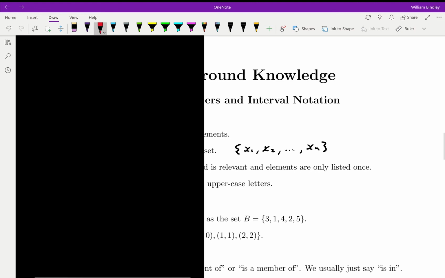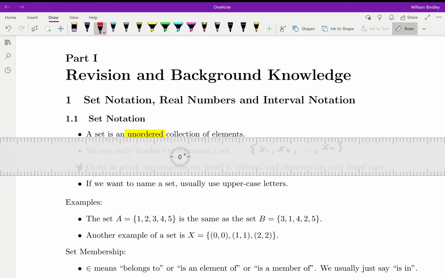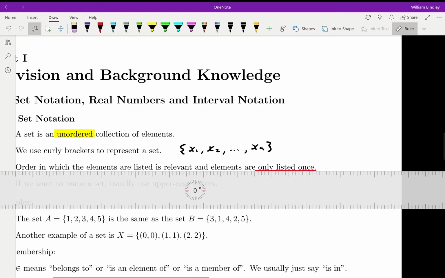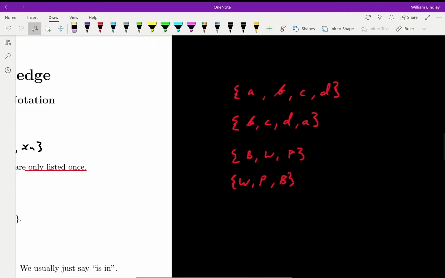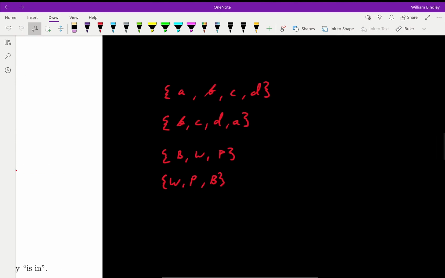Now notice the part here where we say that elements are only listed once. Let's motivate that. Suppose, for instance, when you were sending off the emails to invite someone to your dinner party, you included some email address twice.